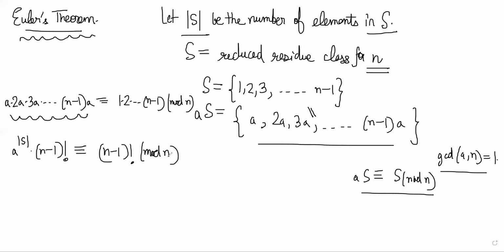Can we cancel (N minus 1) factorial right now?